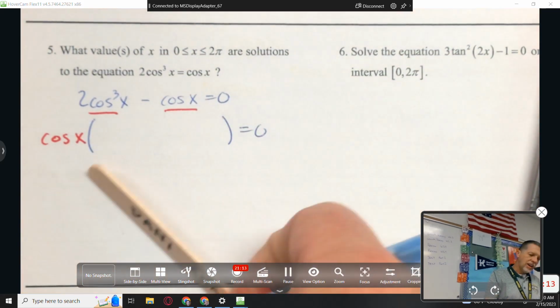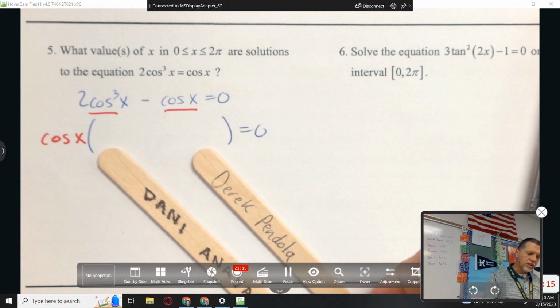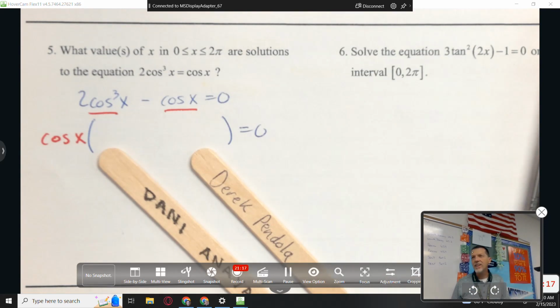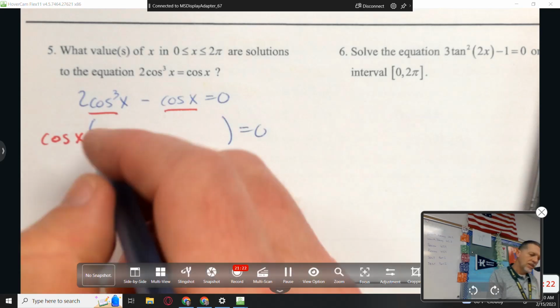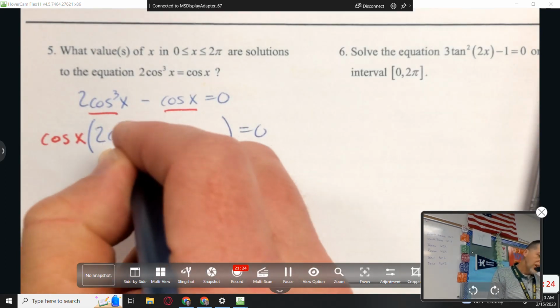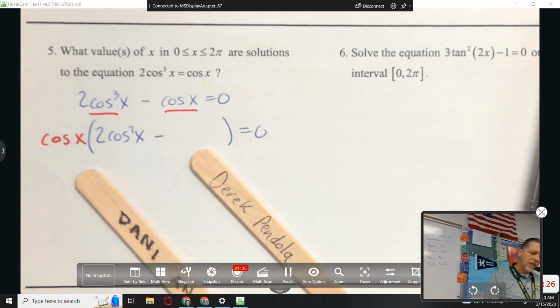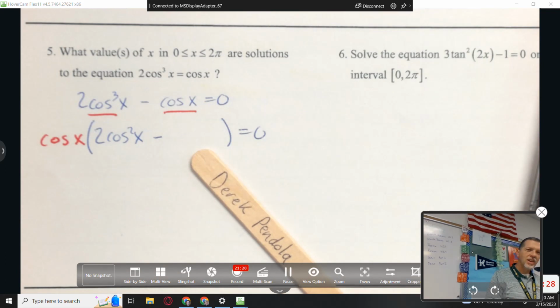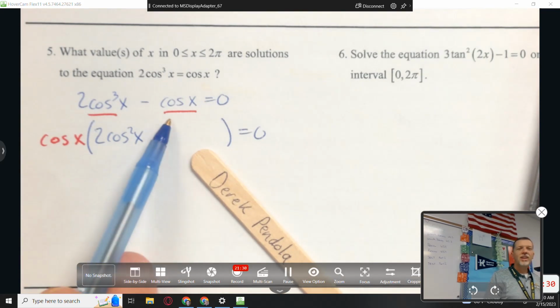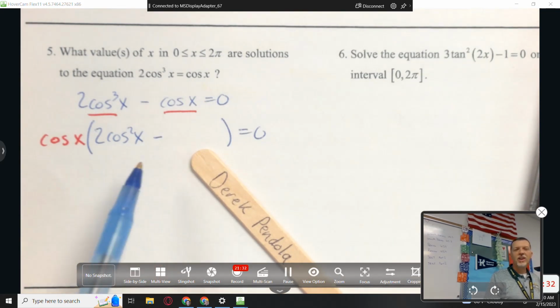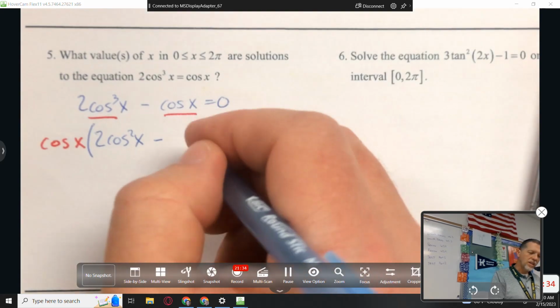And if I take out a cosine, then I need to know what goes in the two spots there. So, Danny, what goes in the first blank? Good. And Derek, in the second blank? I'm factoring out the cosine. 1. Just 1.